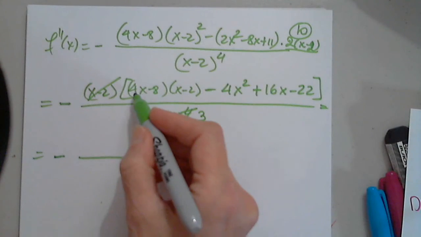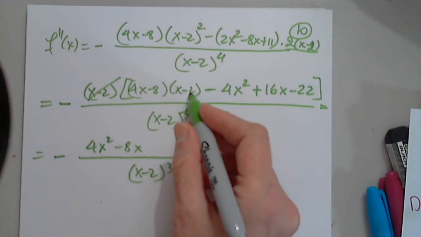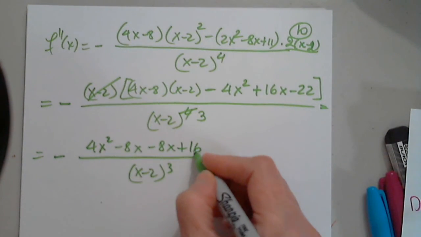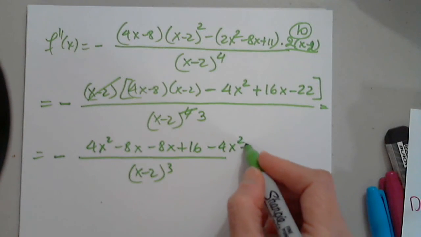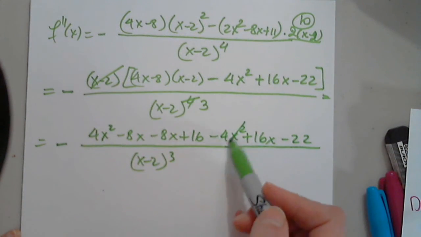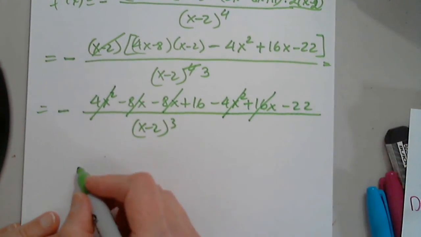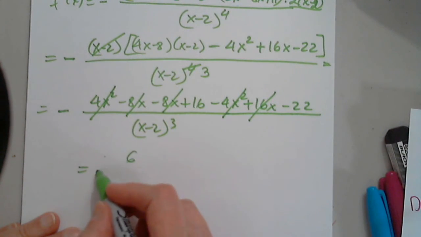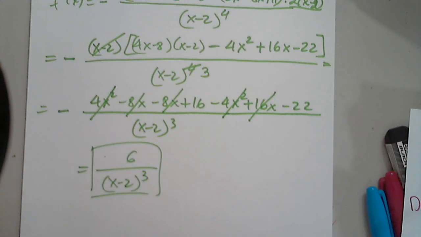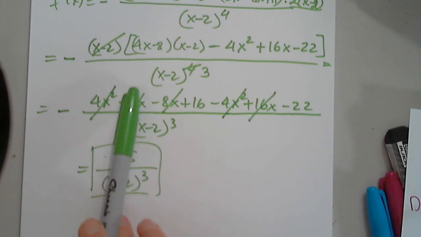Okay, x times 4x. X times negative 8. Negative 8x again, plus 16 minus 4x squared plus 16x and minus 22. Awesome. Brilliant. They worked hard to come up with something like this. Let me check my numbers just to make sure.